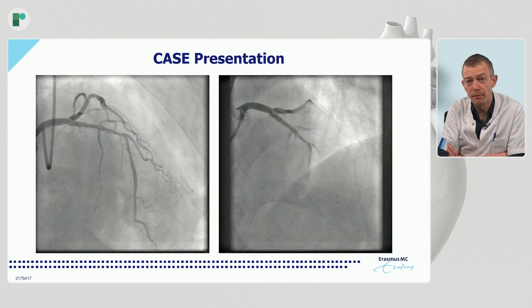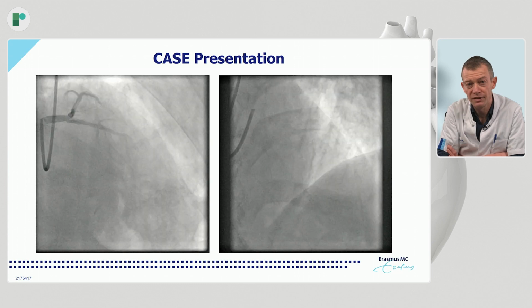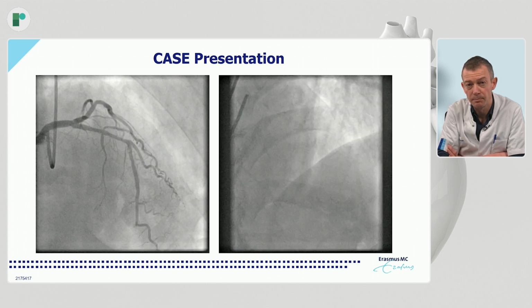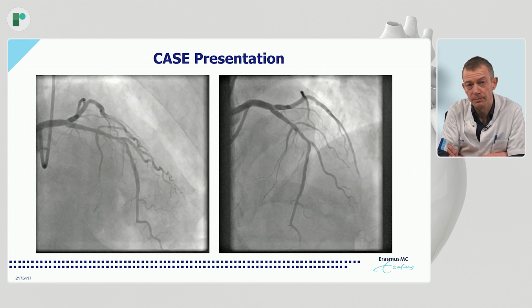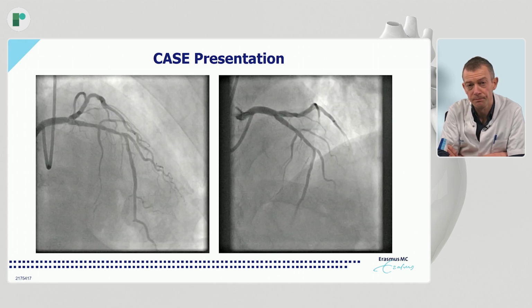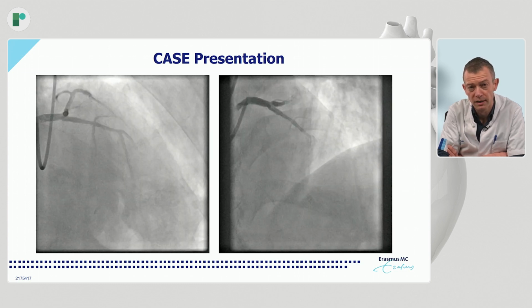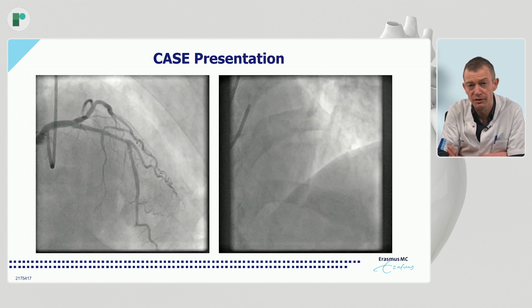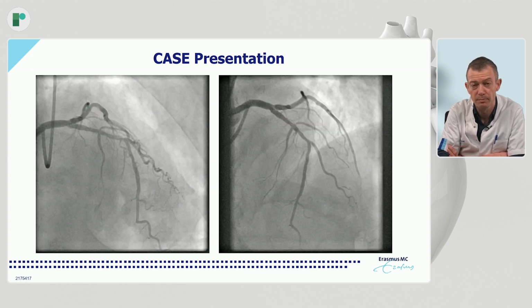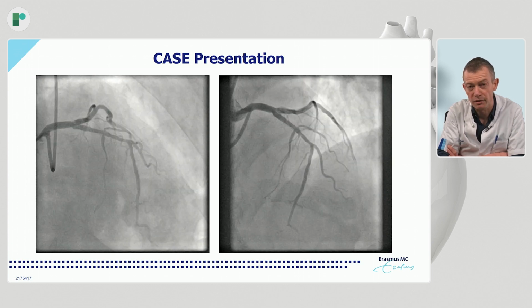But then in the mid part, exactly as anticipated by the CT scan, 2 intermediate lesions, 1 in the proximal part just distal to the trifurcation with the septal and the small diagonal branch, calcified as you can appreciate in the proximal part. Then a significant diagonal in the mid part, which you nicely see on the left sternal oblique projection on the right, with again an intermediate lesion in the mid part.